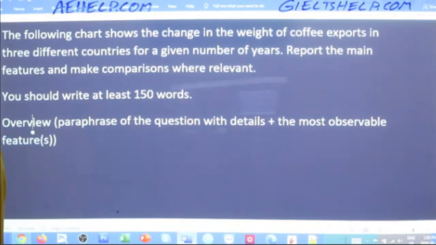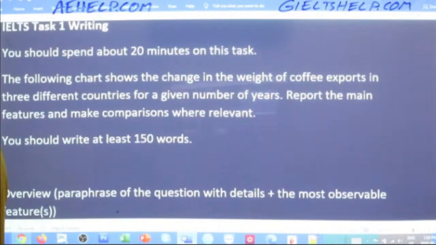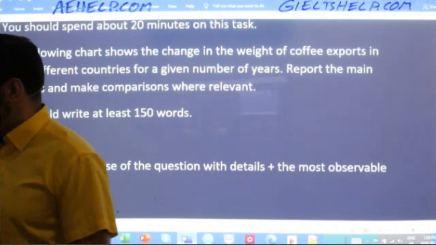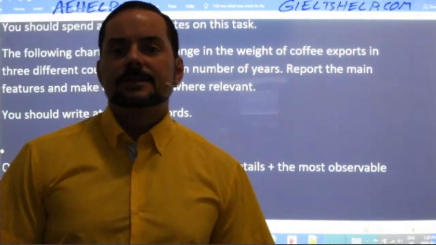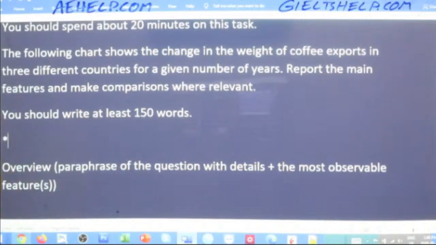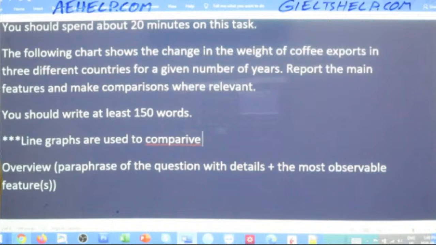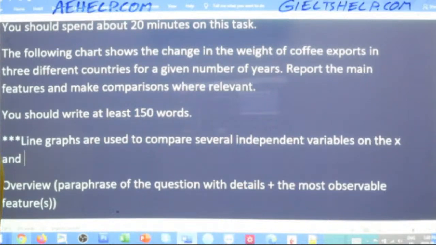what kind of grammar do you think will be useful in this type of graph. So in a line graph, okay? So line graphs are used to compare several independent variables on the x and y axis, the dependent variables, right?